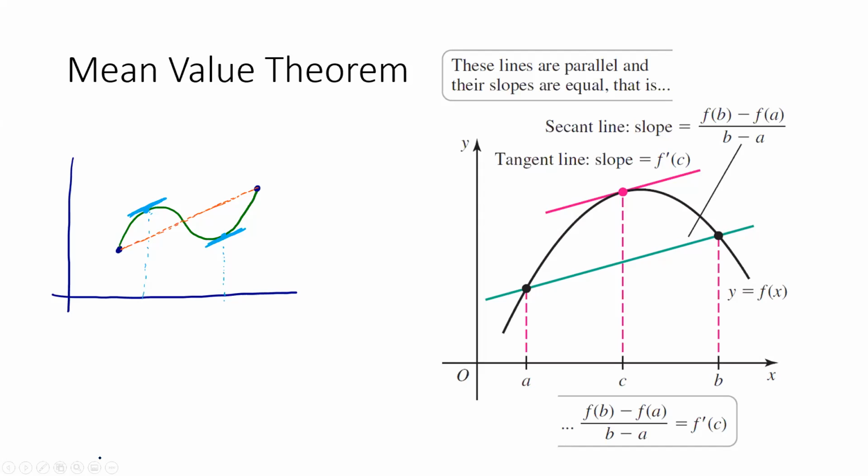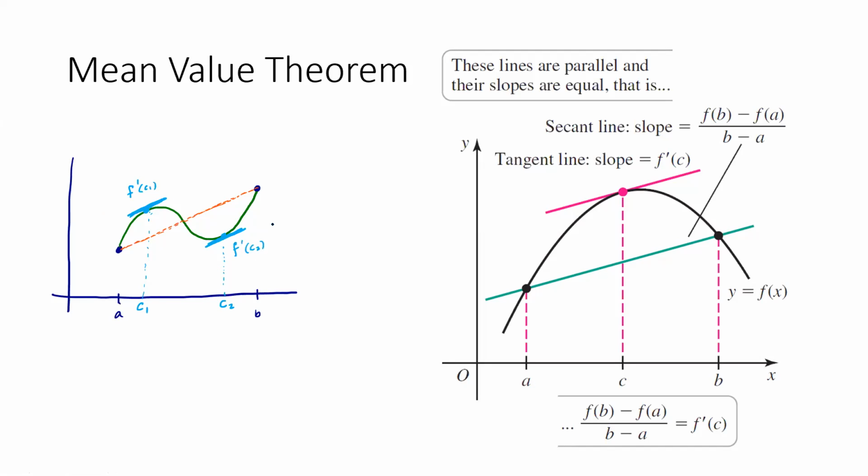Okay, so it's sort of a variation of the picture that we see here. And you can see that it doesn't necessarily just need to be one point c. In this case, we could have multiple points, say c1 and c2. Right here, f prime of c1 and f prime of c2.